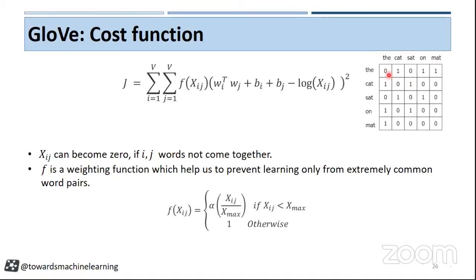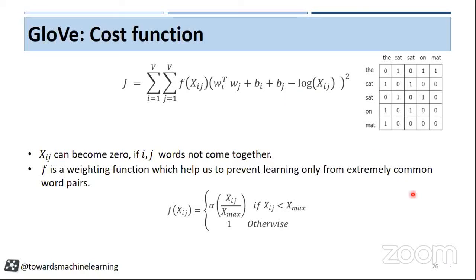Here you can see many elements in this matrix are zero. So when zero appears here, this becomes minus infinity, and your error will be infinity, and this is not a desirable case.